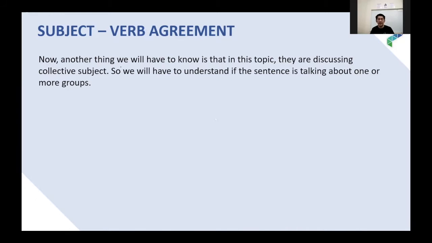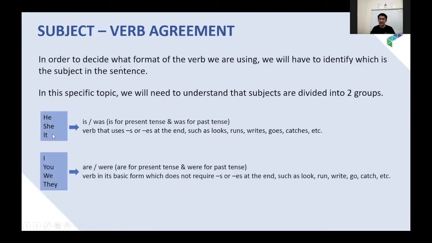As simple as that. You will have to pay attention to identifying whether the subject is just simply one group. In this case, one group means it. And if there are groups of two or three or more, that means they. More than one, they.